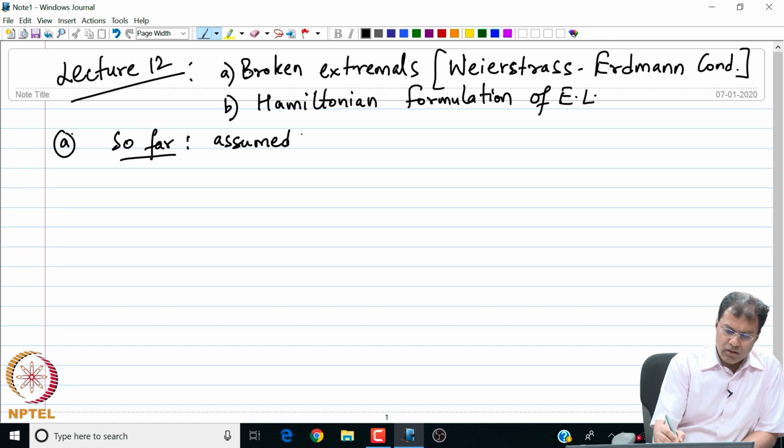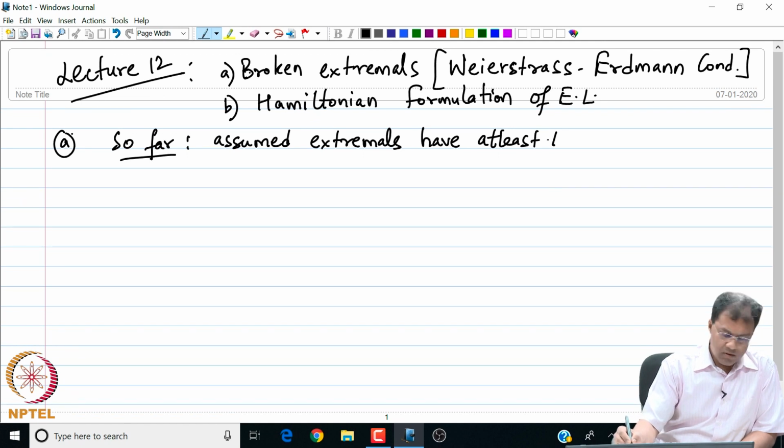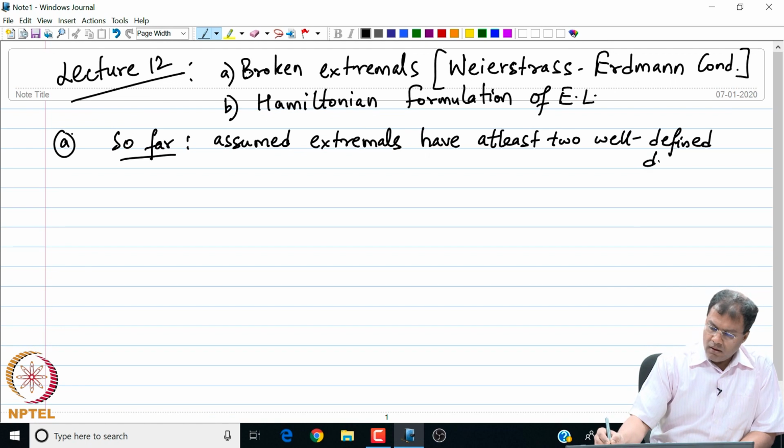So far we assumed extremals have at least two well defined derivatives.